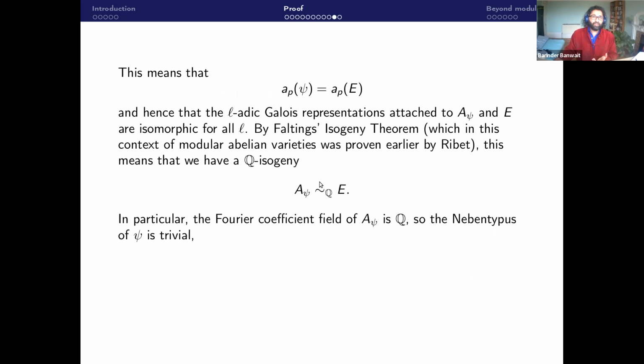And so the Fourier coefficient field is Q. And that says that the Nebentype has to be trivial, because if it was non-trivial, then those values would have to be inside the Fourier coefficient field. But the Nebentypes can be plus or minus 1, which belongs to Q. That's not an option.